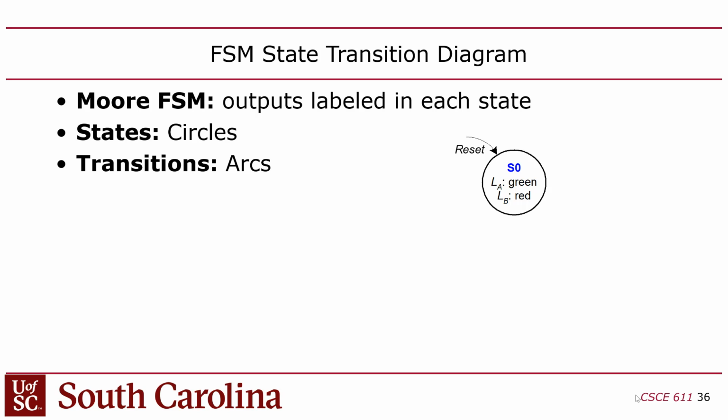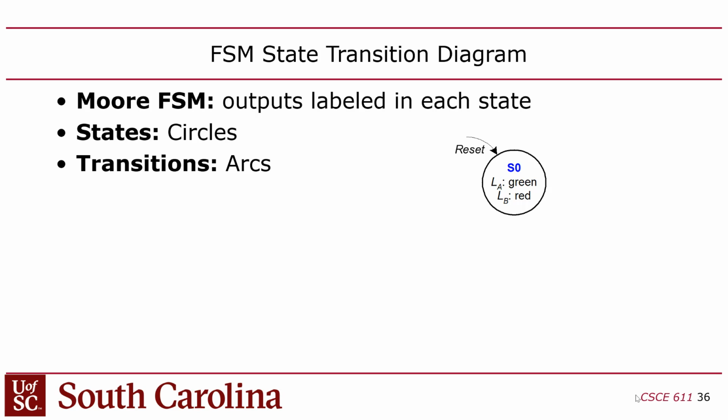So once I'm in a state, my outputs are set just depending on that state, right? So once I'm in a state, the traffic lights will be driven to a certain configuration, and I'm not going to change that till I change states. I can only change states on a clock edge, and no matter what the traffic detectors do, it's not going to affect the outputs at all, right? And so that's why this is a Moore machine.